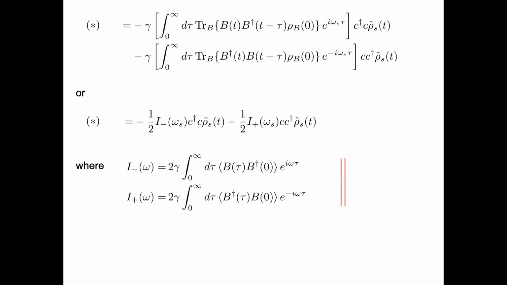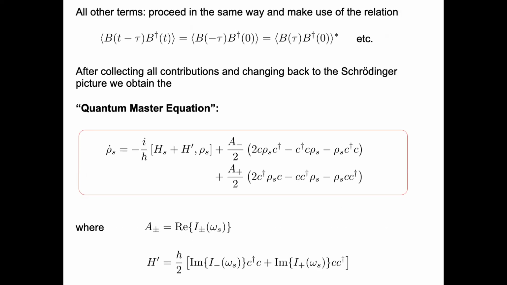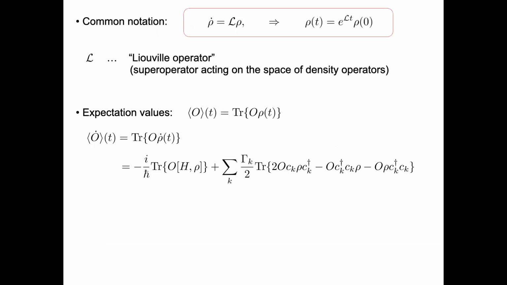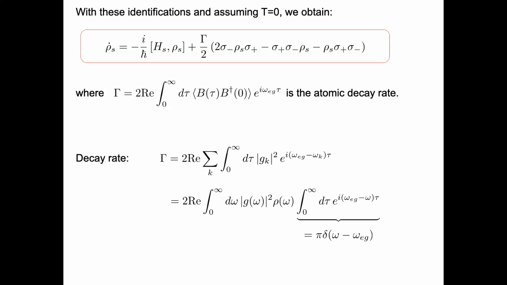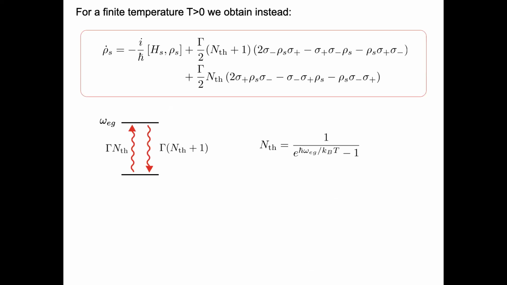So everything else will stay the same. Therefore, you will also end up in this example: if this is vacuum, then in the thermal environment the first term will be multiplied by n plus 1, and the second one, the opposite term, will now be multiplied by n thermal.